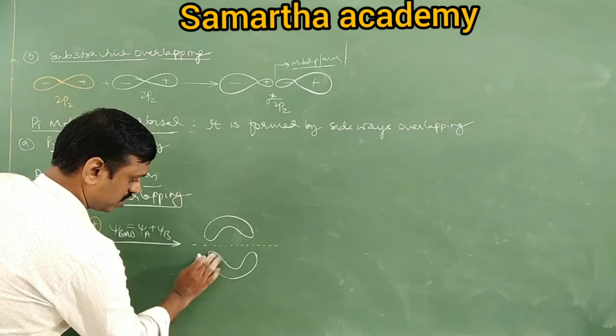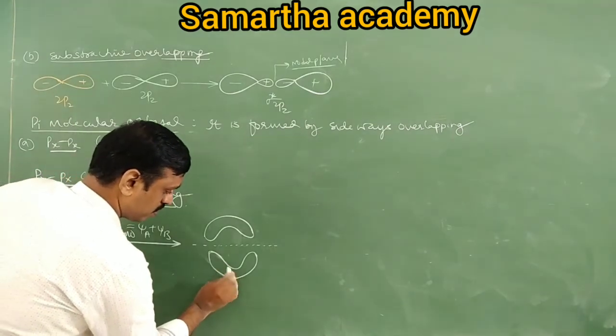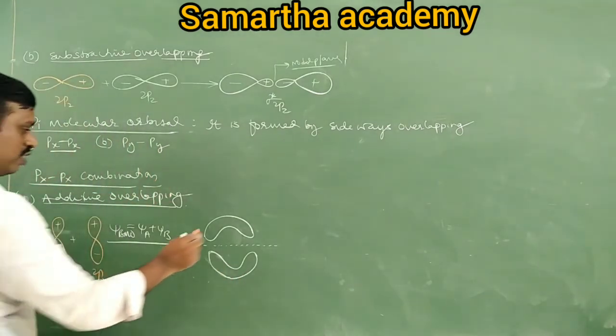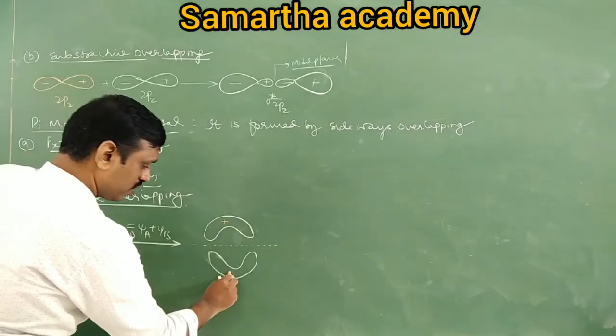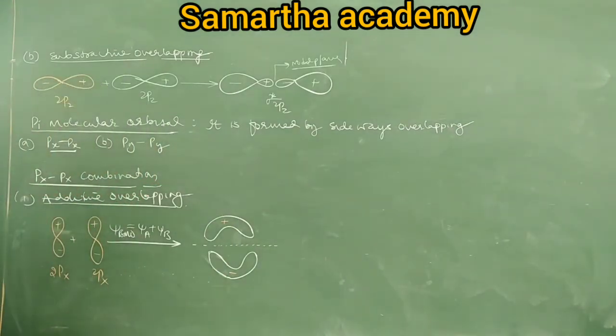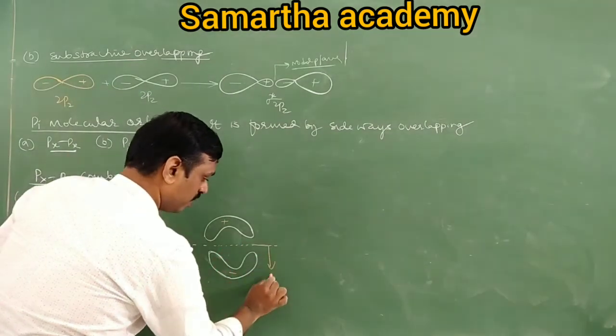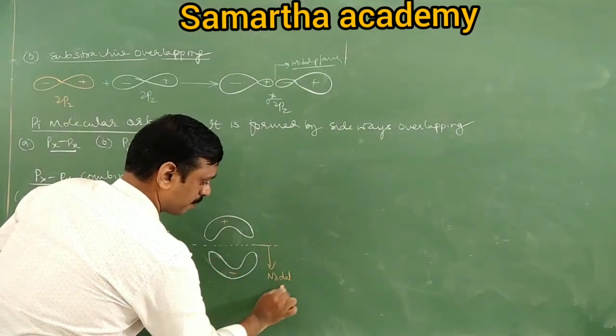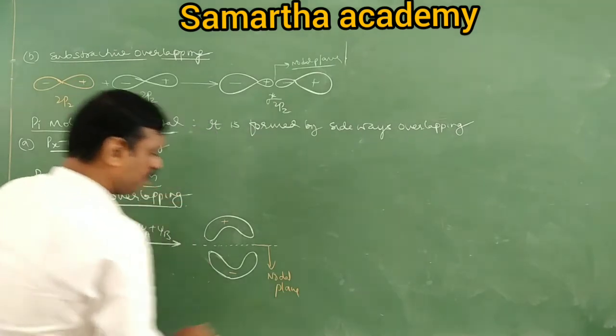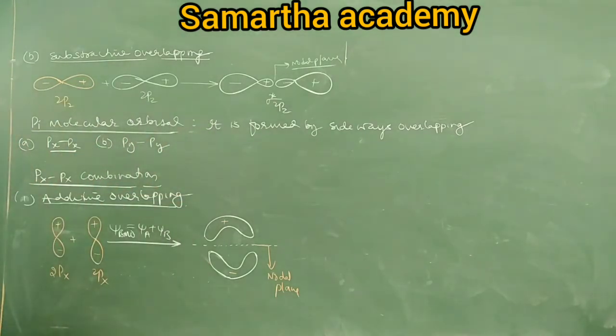Okay, it's just like a banana. So this is a positive banana, negative banana. Now this is a nodal plane. There is one nodal plane in px additive overlapping.